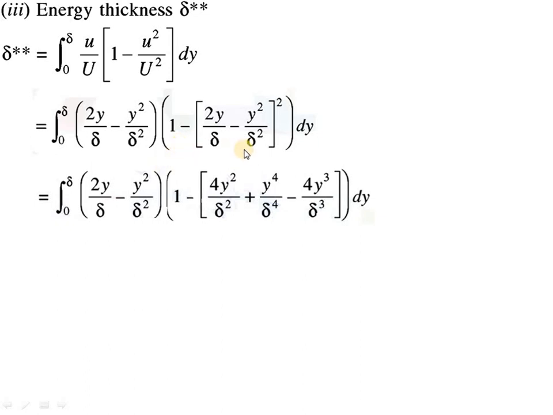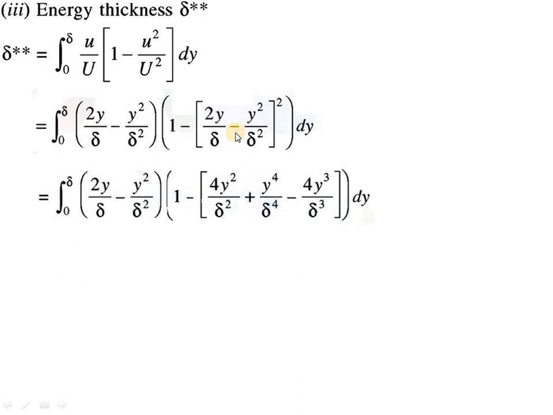So firstly, let us expand this bracket. This is similar to the fundamental equation a minus b bracket square. So we know that it is a square plus b square minus 2ab. So a square for this term can be considered as a. So a square is 4y square by delta square. Second term is b. So its square is y raised to 4 upon delta raised to 4.